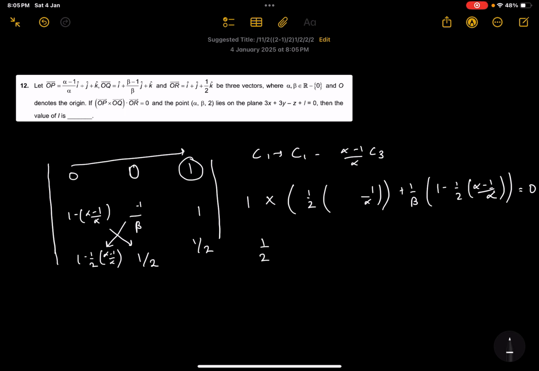So 1 upon 2 alpha plus 1 upon beta minus 1 upon 2 alpha beta into alpha minus 1 is equals to 0.